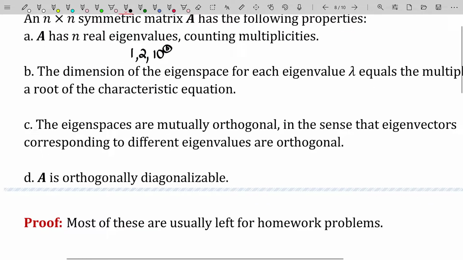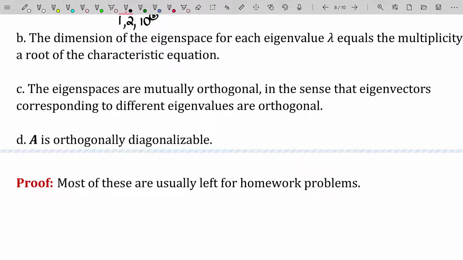Another thing, the eigenspaces are mutually orthogonal in the sense that eigenvectors corresponding to different eigenvalues are orthogonal. We saw it in the last example in the last video, that if you have, for example, a 3 by 3 matrix with only 2 eigenvalues, well, the eigenvectors associated with those 2 distinct eigenvalues will be orthogonal if you have a symmetric matrix.